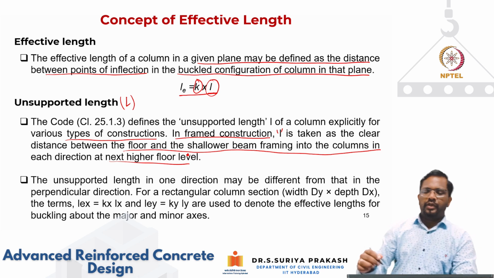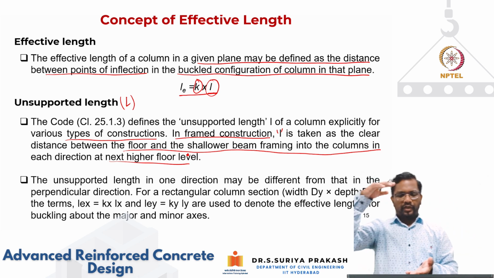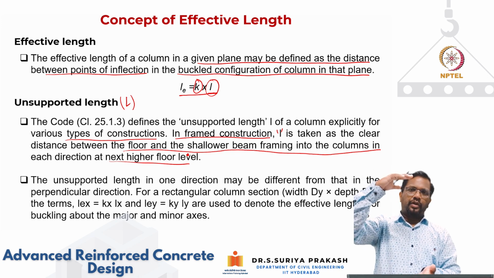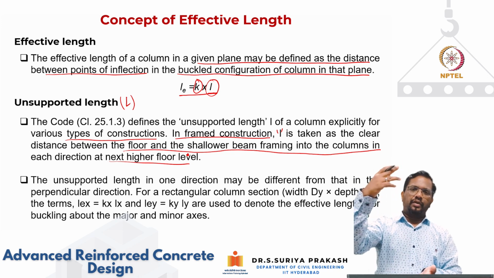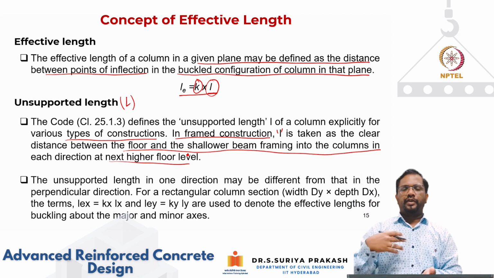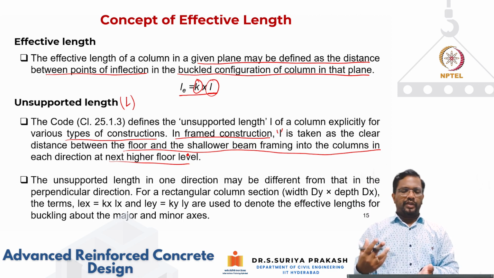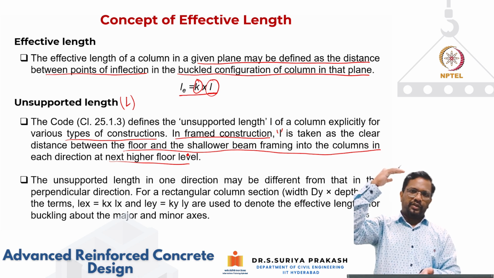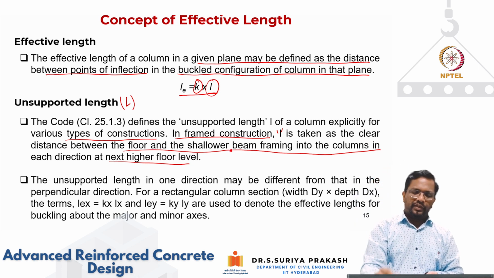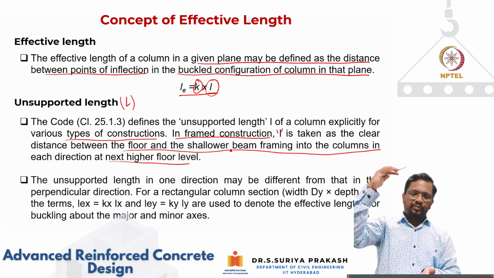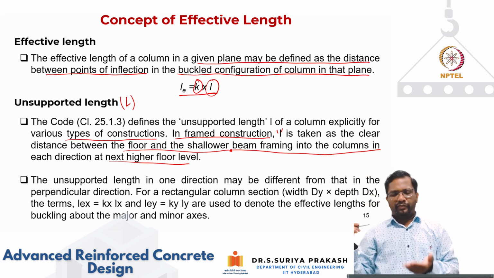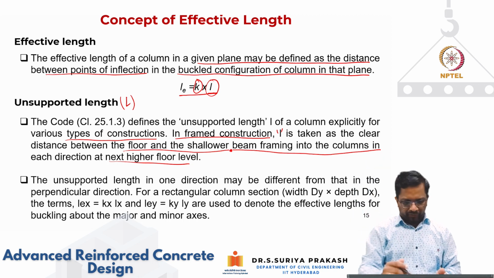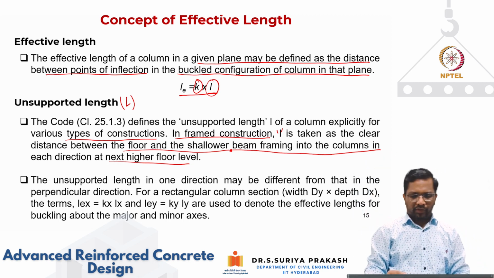That means, for a particular column, the left and right side of the column can have beams with different depth also. So in that case, you take the larger unsupported length, not the shorter length. That is why it says shallower beam. When you take the clear distance between the top surface of the floor and the shallower beam, you end up with more L. That is clause 25.1.3.